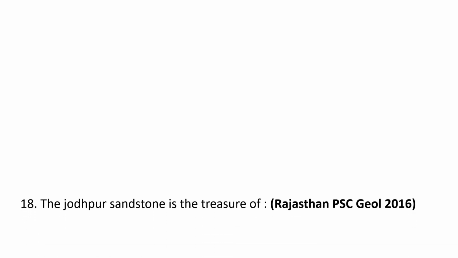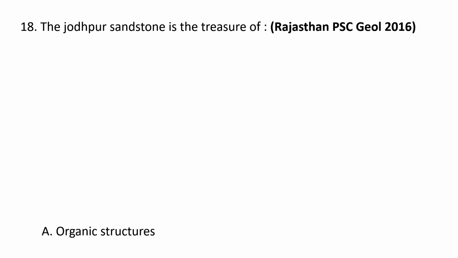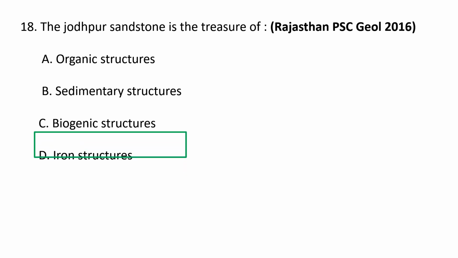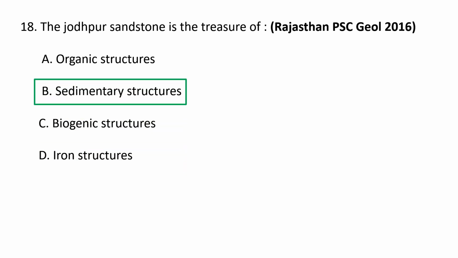Next question. The Jodhpur sandstone is the treasure of A. Organic structures, B. Sedimentary structures, C. Biogenic structures, and D. Iron structures. The Jodhpur sandstone is a treasure of sedimentary structures. It is a heritage stone in western Rajasthan, India.